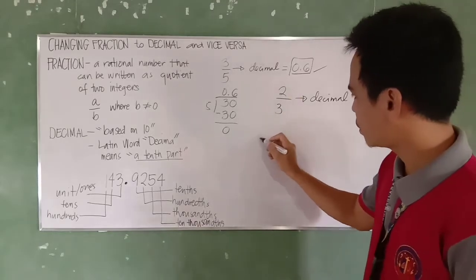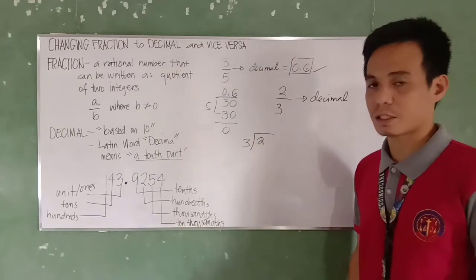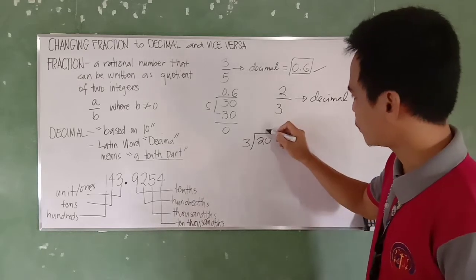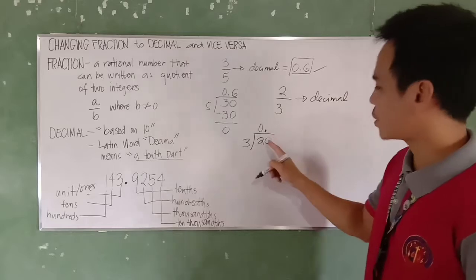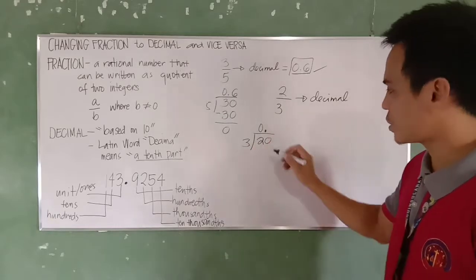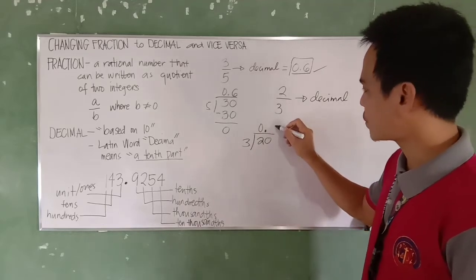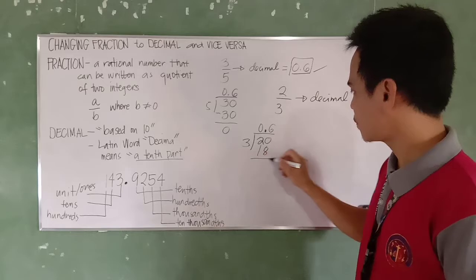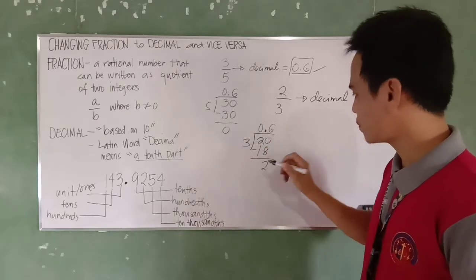So since we cannot divide 2 by 3, let's just borrow 0 there and put decimal point. So ayan, decimal point. So therefore 20 divided by 3 is, ilang 3 meron sa 20? So we have 6. 6 times 3 is 18. 20 minus 18 is 2.